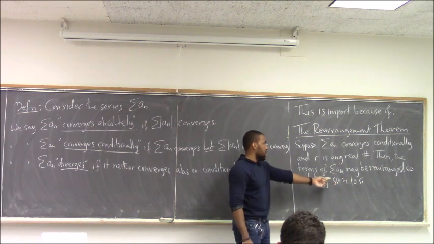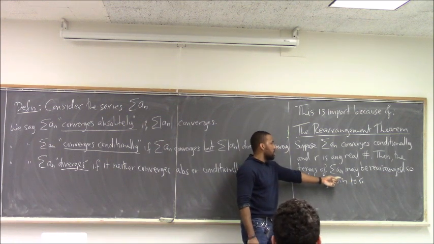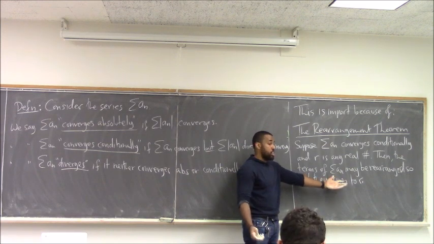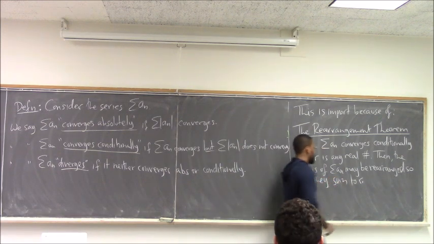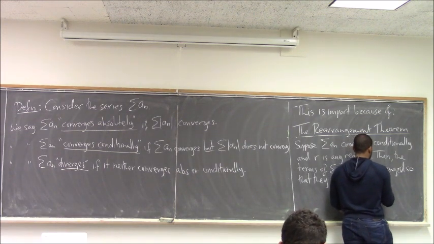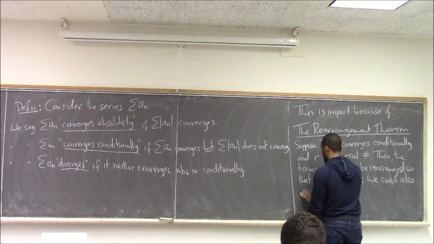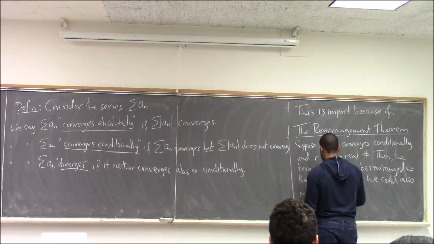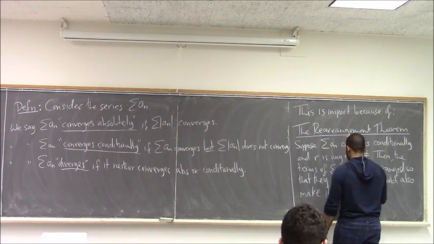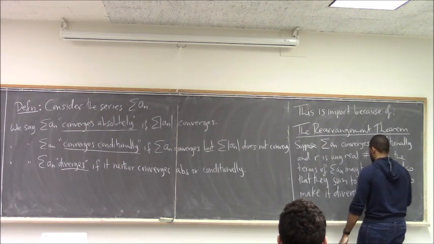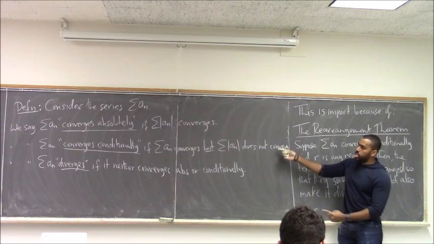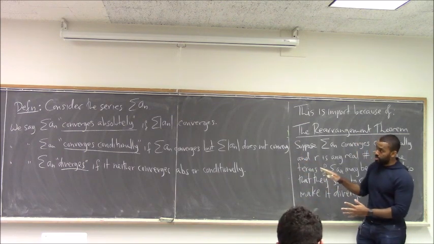He pretty much showed that you could rearrange the terms so that the sum converges to any real number you choose. We could also make it diverge by rearranging the terms. So, conditional convergence is a very fickle kind of convergence.